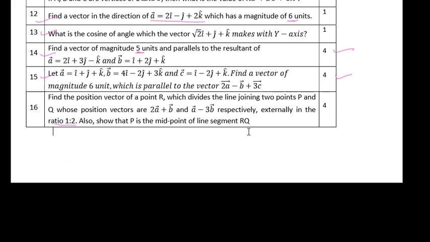For that, we can find R bar plus Q bar divided by 2. If we get that as P bar, then I will say that P bar is the midpoint. Simple? Yes.